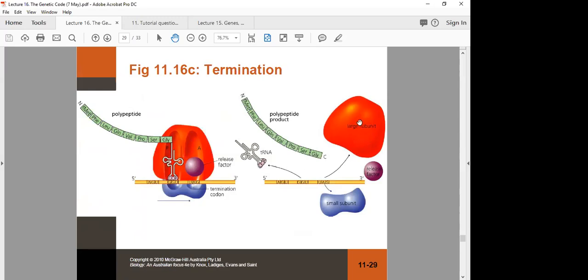And here we go, large subunit separates from the small subunit. The messenger RNA molecule can be released, and it is very rapidly degraded after this. In fact, it's been degraded the whole time that this is happening. But because it has that very long poly-A tail, the important part of the messenger RNA molecule is still intact until translation is complete.